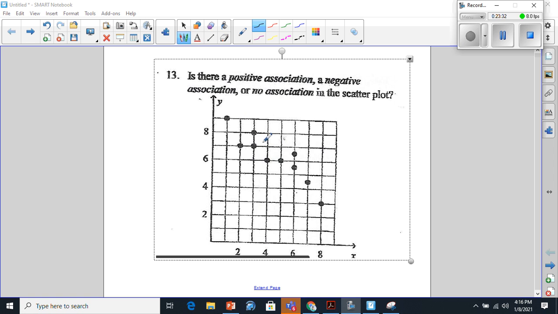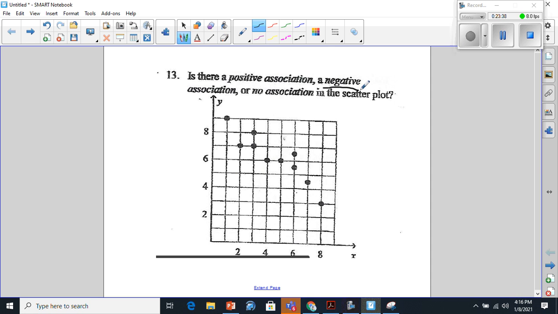So we see here that the dots are going downward, and that tells me that this is going to be a negative association. Remember, if I have a line that goes down, it's a negative slope. So an association of dots would be a negative association if they go down from left to right.